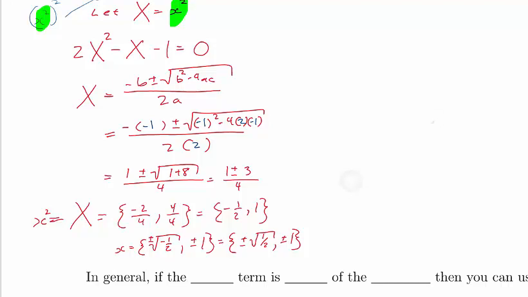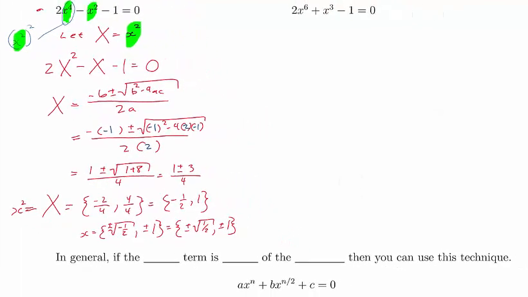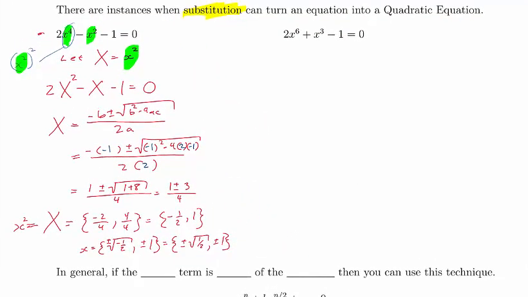So let's go ahead and look at the next example here. We're going to do a similar thing. Again, note that we've got a lead term here with that power, and then the second term has that power. And again, we note that the lead term is twice the second one, so we can once again say let.